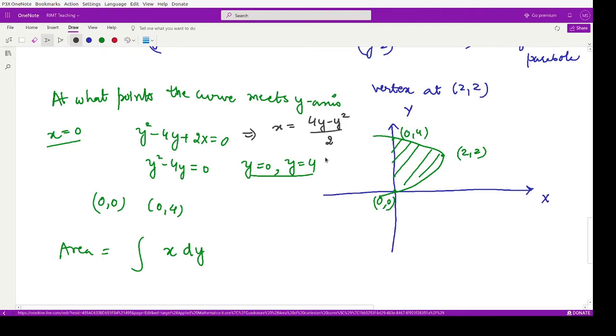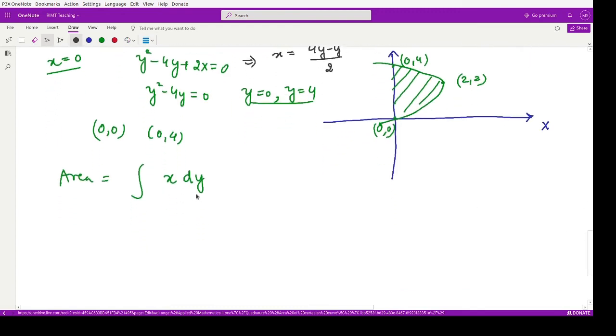We'll substitute this value of x, and your limit will now vary in y, because we are taking integration with respect to y. So your y varies from 0 to 4. So this is the point 0, this is the point 4. So integration from 0 to 4 of 4y minus y square divided by 2 into dy.